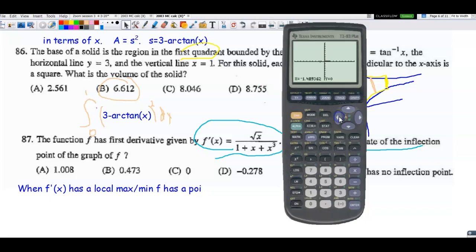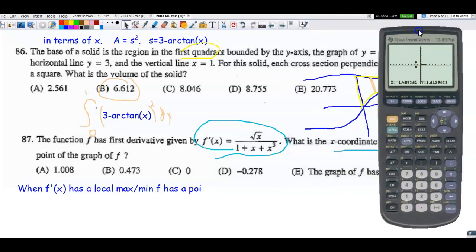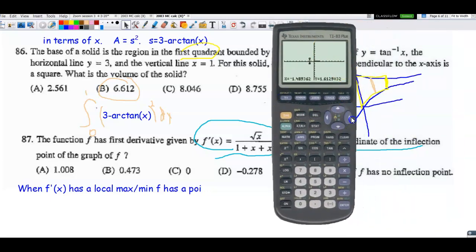I'm going to move it past there, move it down. And I'm going to make sure I go past the 1.008. Enter. So there is a local max right there.